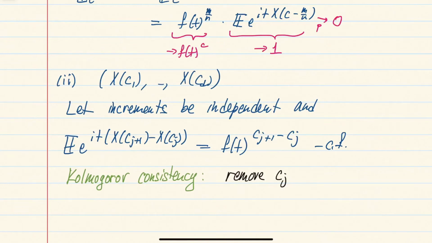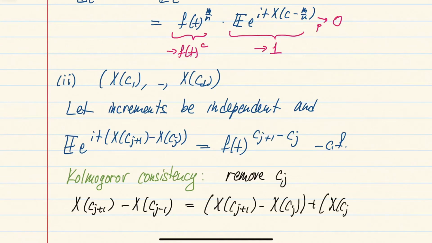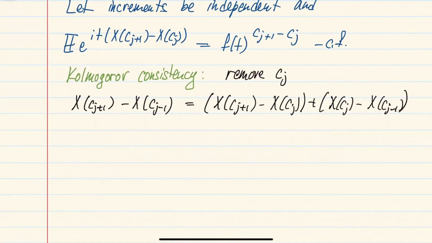Then the increment between x at time Cj plus 1 and x at time Cj minus 1, if we write it as a sum of two increments, we can see that it has a characteristic function given by the product of characteristic functions by independence of the increments in our construction.